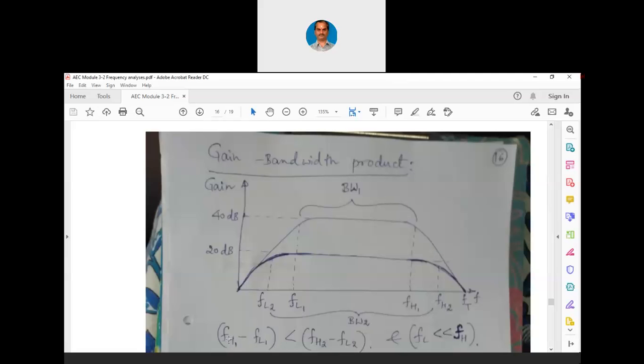Now you can see FH1 minus FL1 is less than FH2 minus FL2. That means bandwidth 1 is less than bandwidth 2. And you can also see FL is much lesser than FH. This lower frequency is always in a few hertz to a few kilohertz, whereas FH will always be in a few megahertz or gigahertz or terahertz.